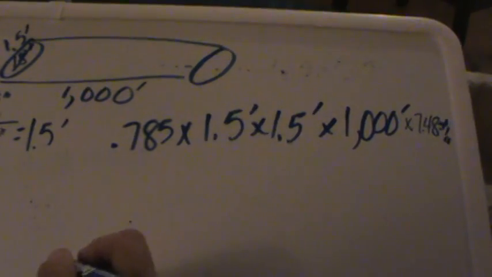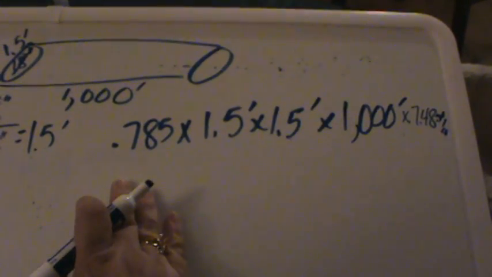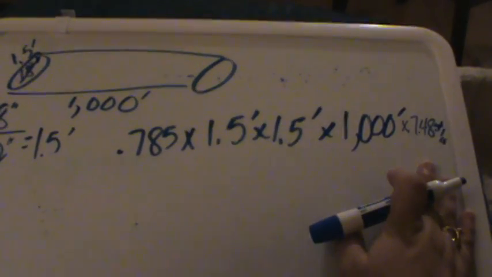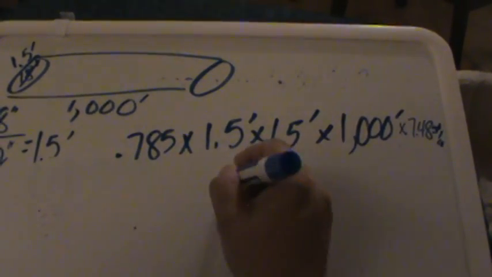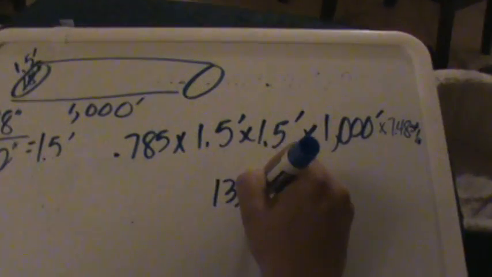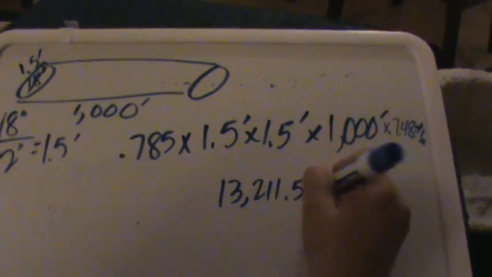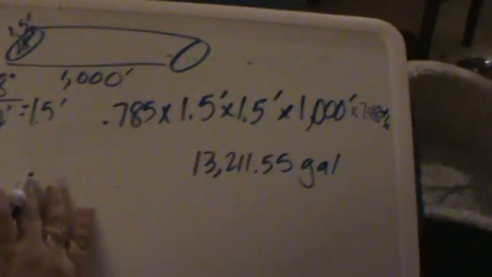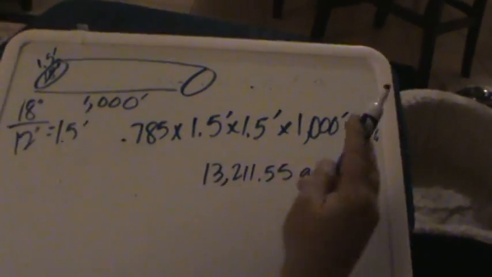When we multiply that out, 0.785 times 1.5 times 1.5 times 1,000 times 7.48, our answer is 13,211.55 gallons.